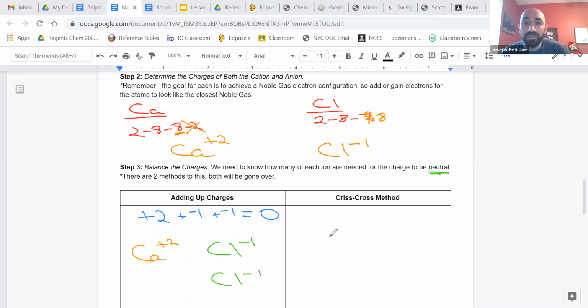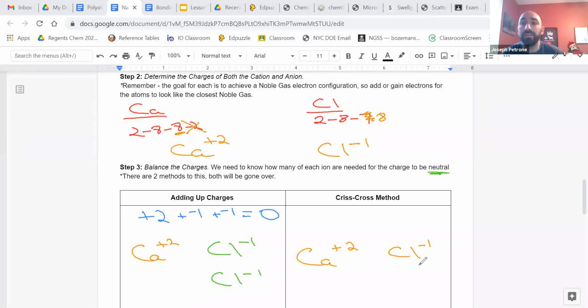Another method we can use is something called the crisscross method. So what this entails is looking at the charges of each ion, lining up just like this, and then dragging the appropriate numbers from the top, where the charge is, and forming a subscript.